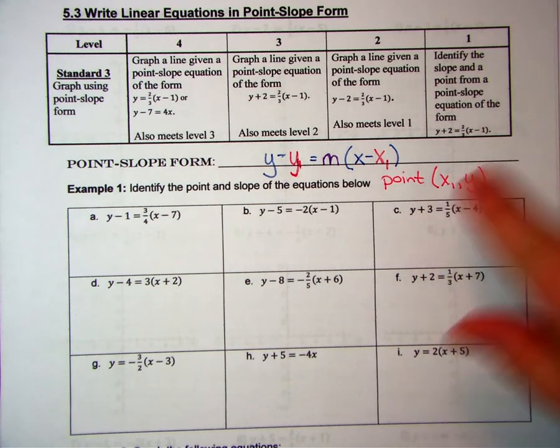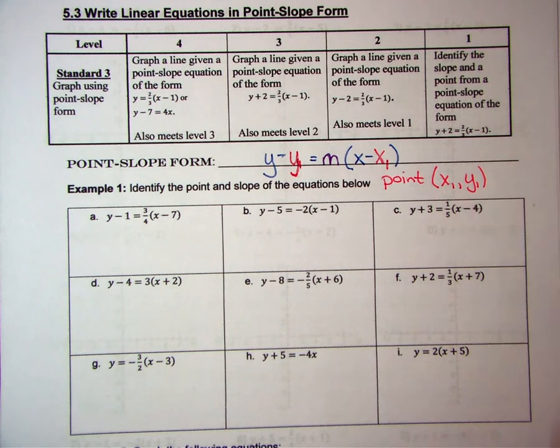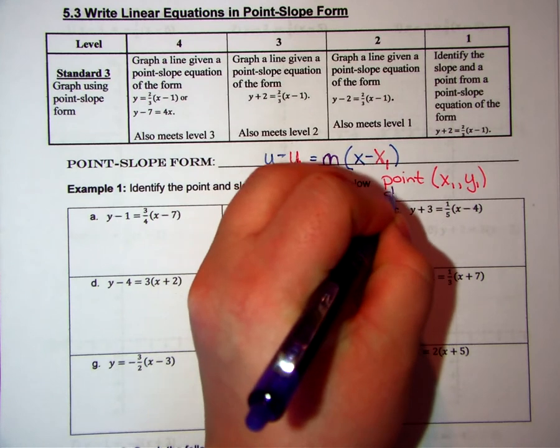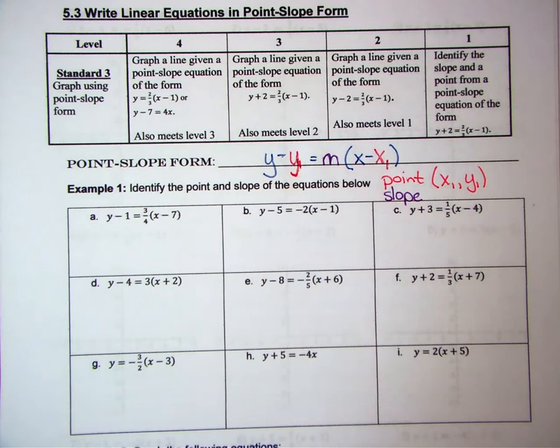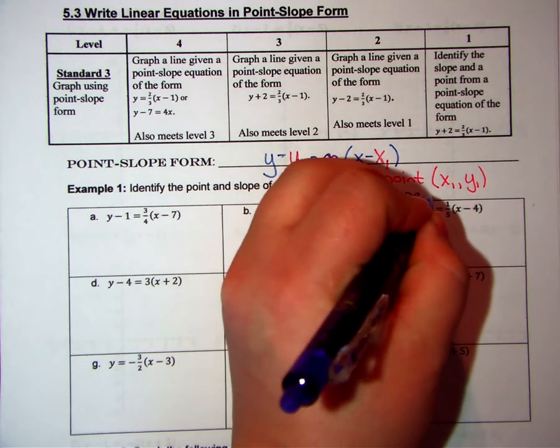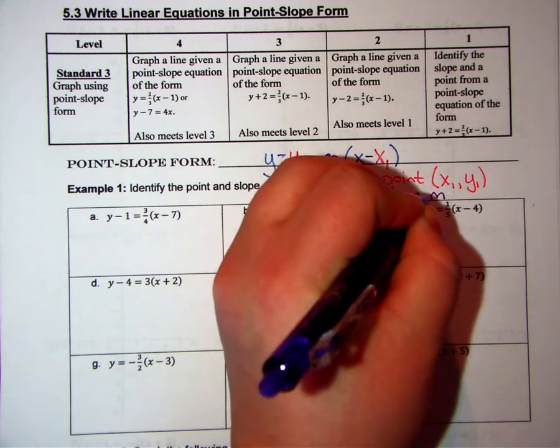So x1, y1 is our point. And then, like the name suggests, we also are given a slope in a point slope form equation. And the slope, just like with our slope-intercept form equation from our previous standards, our slope is just m, and that's written in purple.